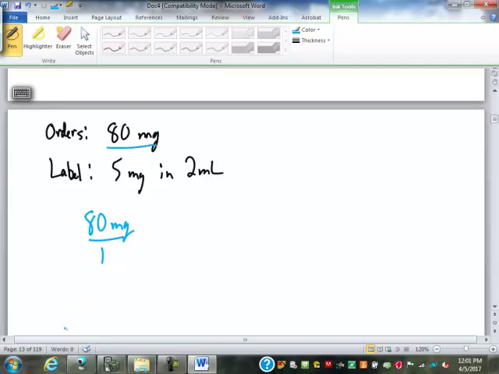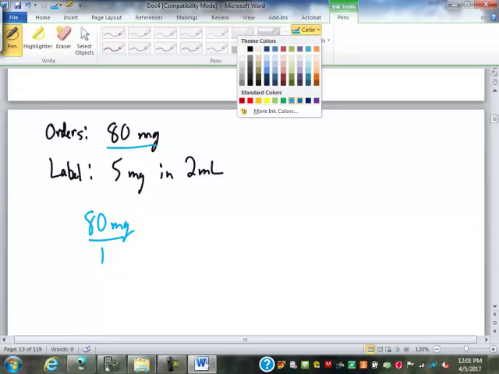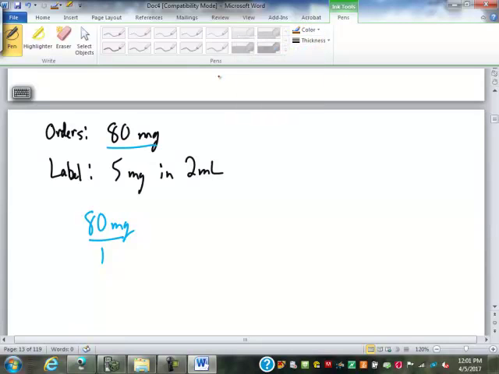Make it into a fraction by putting it over 1, so 80 milligrams over 1. We're basically doing a unit conversion to get to our on-hand dose. The milligrams is our on-hand dose. We're trying to get to the vehicle that carries it to the patient, which is the milliliters.